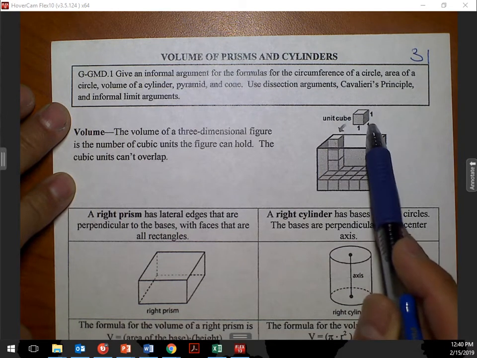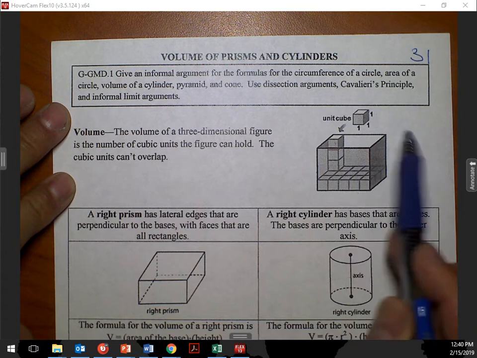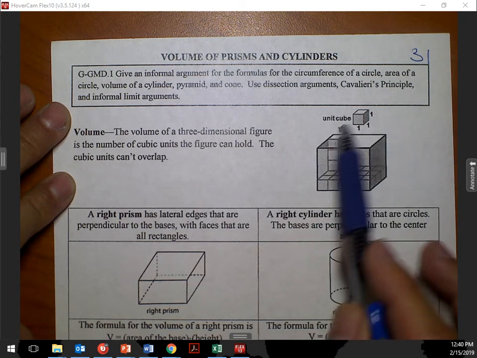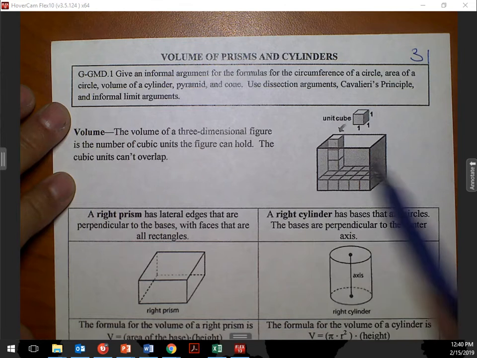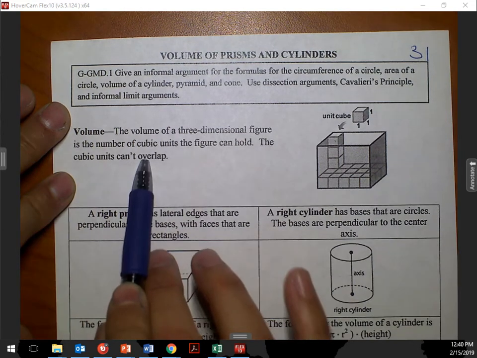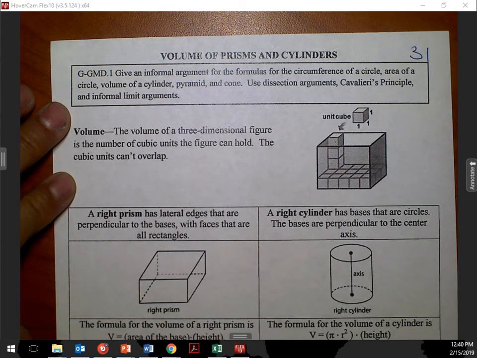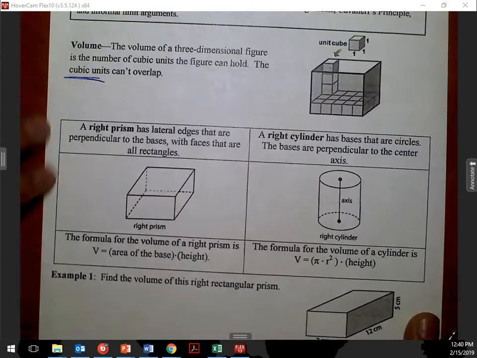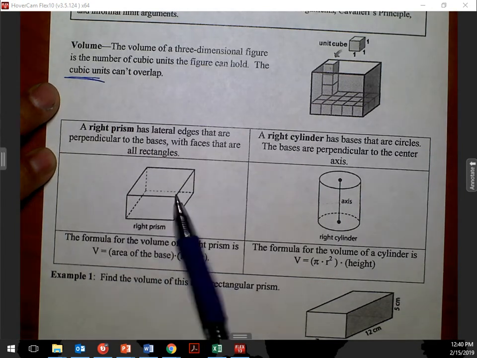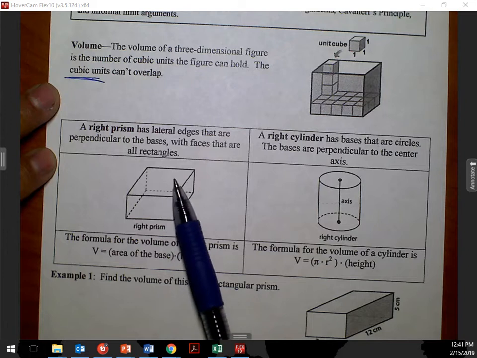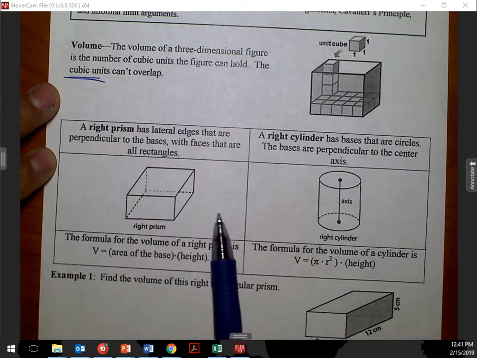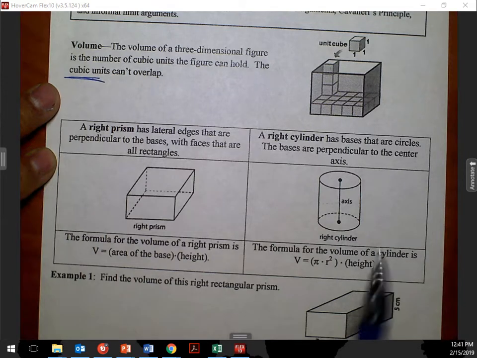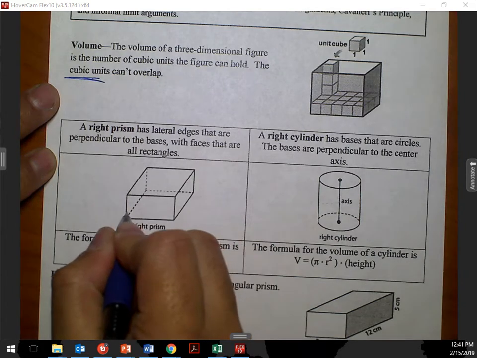Each one of these is a 1 by 1 by 1, so this is a cubic unit. It's a three-dimensional shape that we're getting the volume of. Volume is always cubed, or cubic. I'm not referring to this as a cube. This is a right prism. A right prism means there are right angles in the corners.